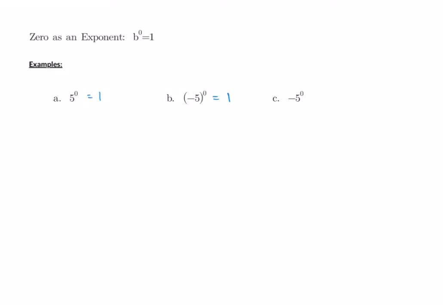The negative is not inside the parentheses. Essentially what this boils down to is negative 1 times 5 to the 0. The 0 is acting only on the 5, not on the negative. And so if we simplify this, this is negative 1 times 1, or just negative 1.